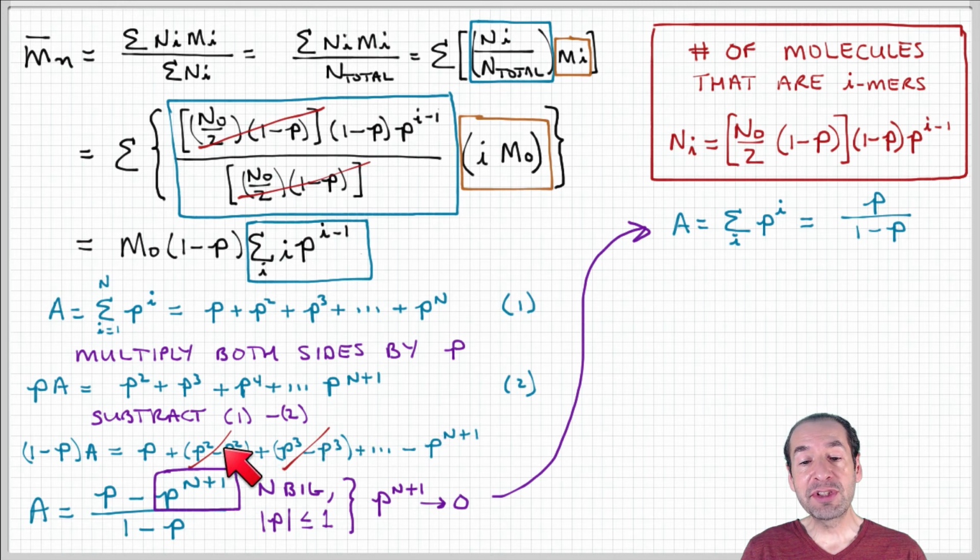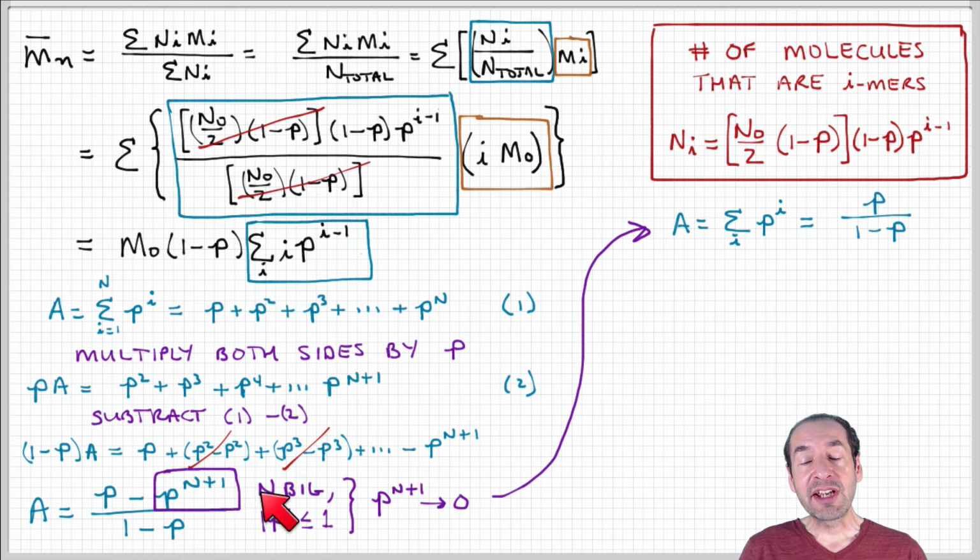So the only terms that are left are the first term and the last term. If I divide by the term on the left-hand side, I get that this summation I can express only in terms of p, as follows: p minus p to the n plus 1 over 1 minus p.